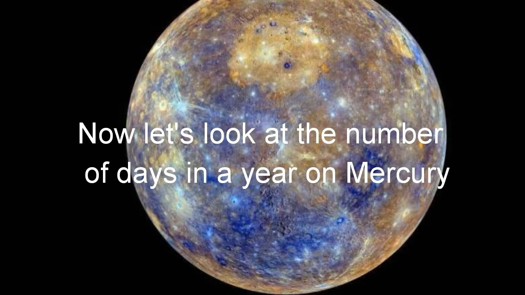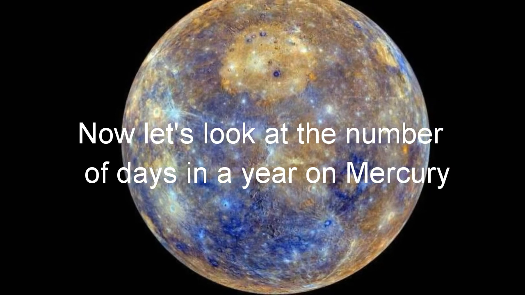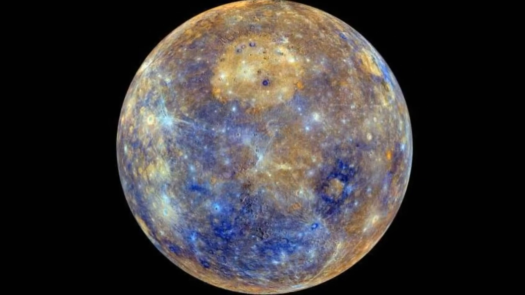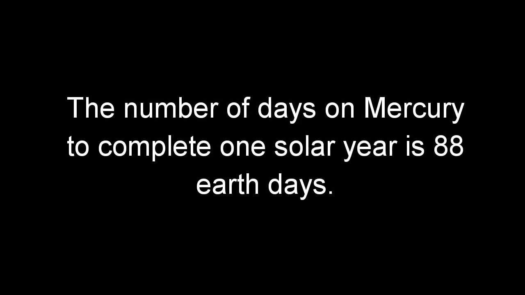Now let's look at the number of days in the year on Mercury. The number of days on Mercury, to complete one solar year, is 88 Earth days.